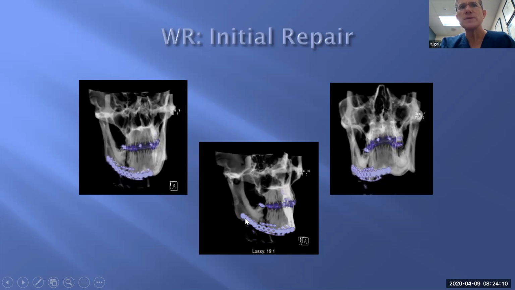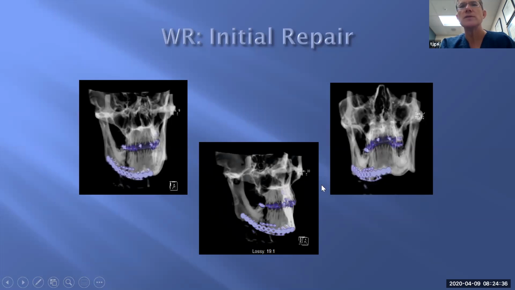But this was when he presented with drainage out his neck, and you can see those comminuted segments just didn't survive, and there's bone loss and bone gap. The plate doesn't go all the way across that gap there, and that's what was draining. There's actually another plate that was used inferiorly to try to support this.